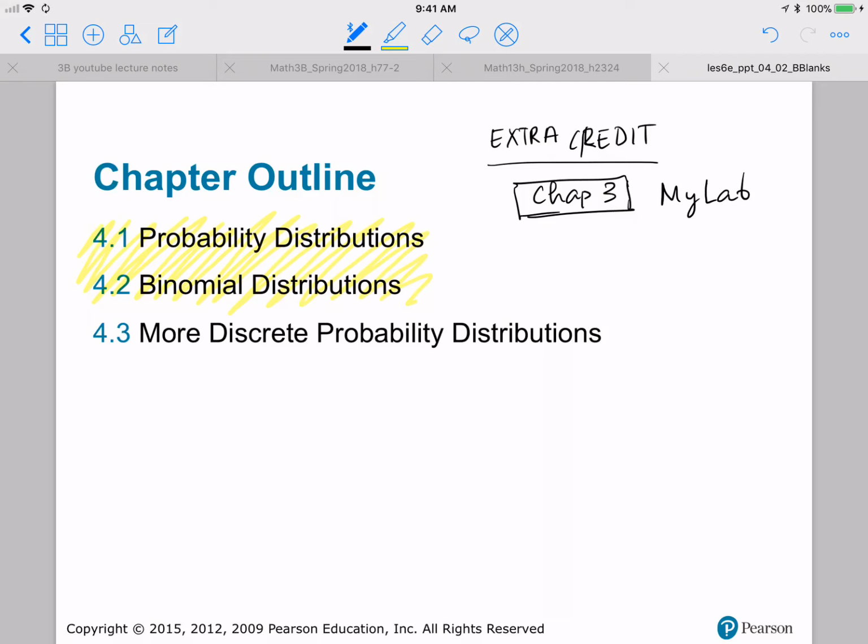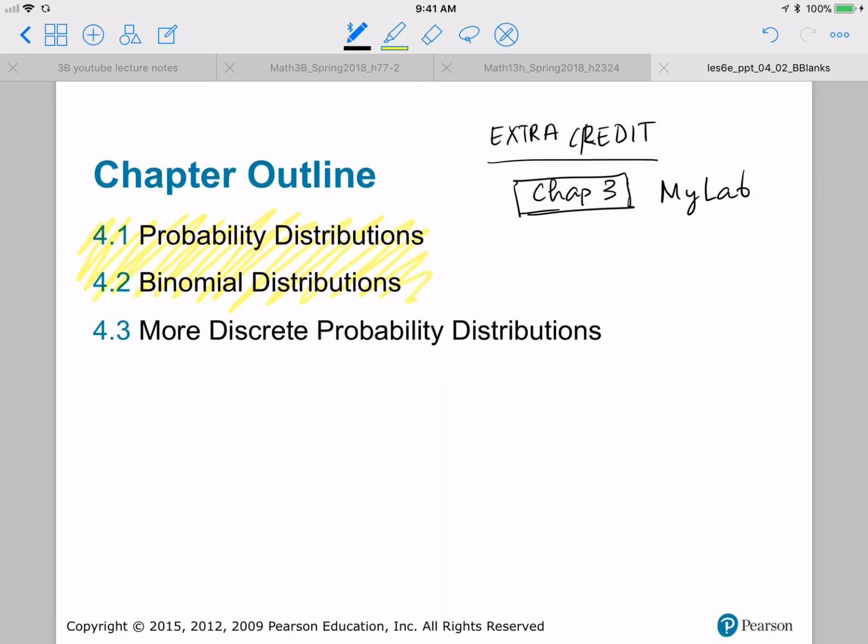What's the probability that you'll get an odd number? A lot of students are very familiar with that topic, so I decided to turn it into an extra credit assignment. Feel free to go ahead and do that. That might help you if you are not that familiar with probabilities.